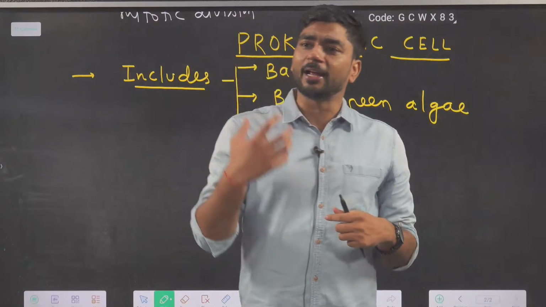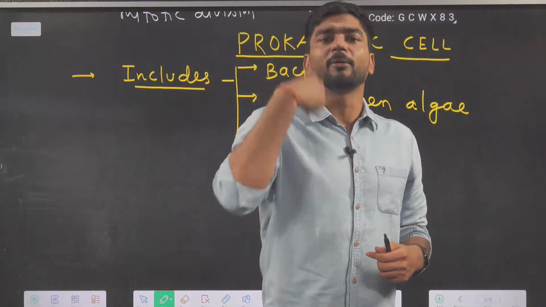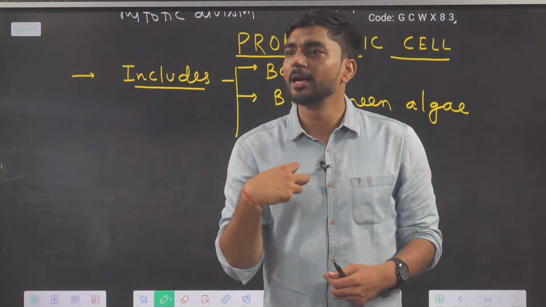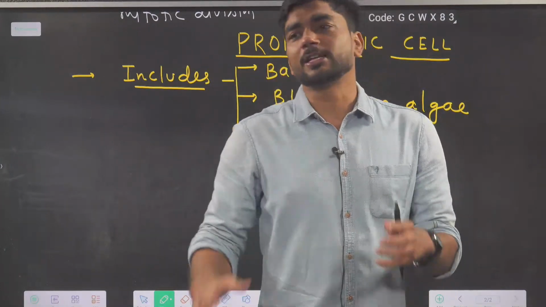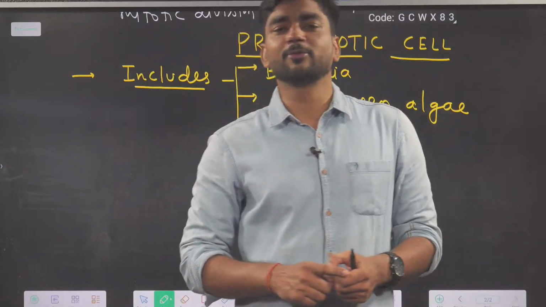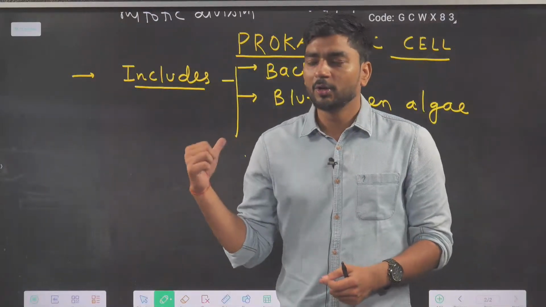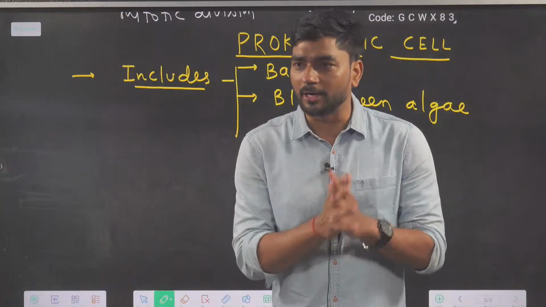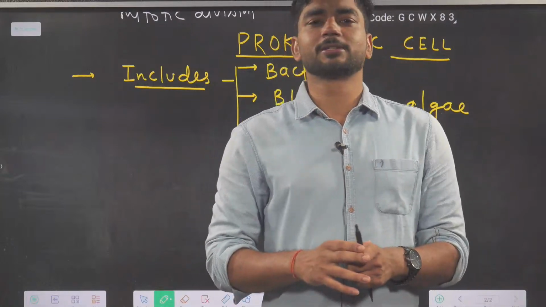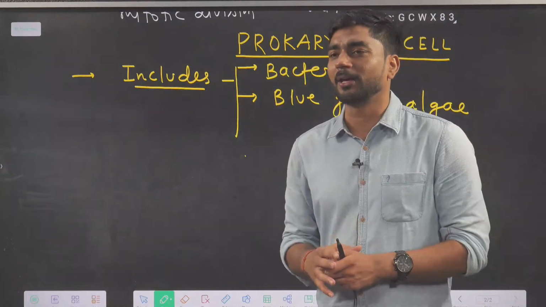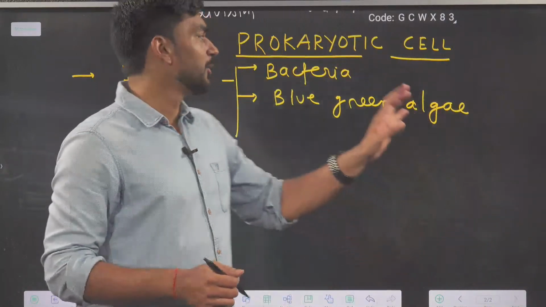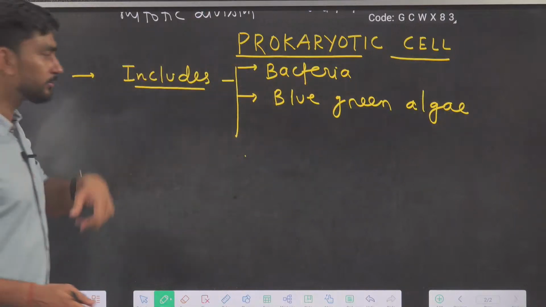But we can't directly fix the nitrogen from the atmosphere. So we should be thankful to the cyanobacteria. Every day whenever you wake up, just say thanks to blue-green algae. I'm grateful, or we can say I'm highly obliged to you, blue-green algae.